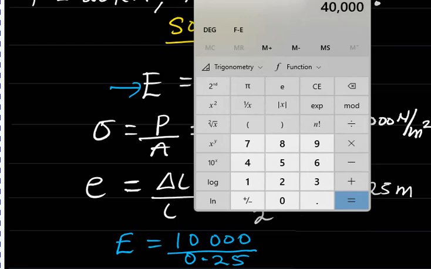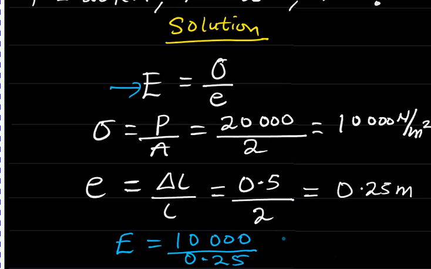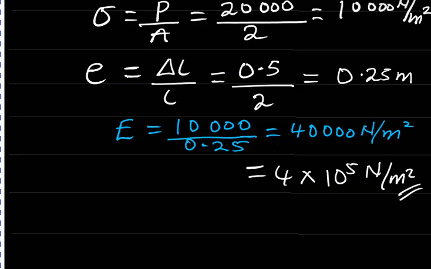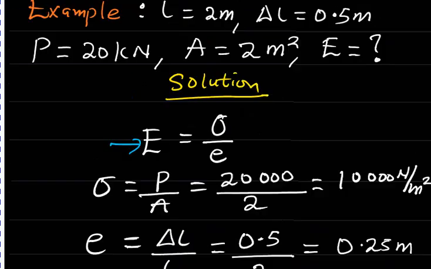So our Young modulus of elasticity is 40,000 Newton per meter square, or you can write it in standard form, that is 4 times 10 raised to the power 5 Newton per meter square. I hope that is well understood.